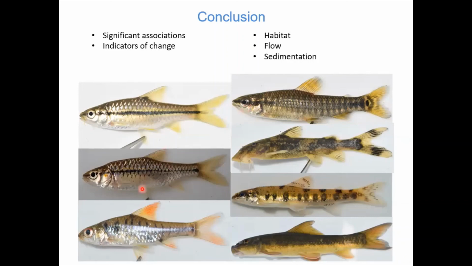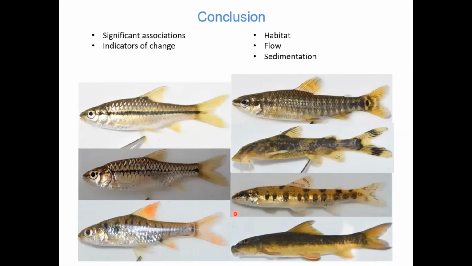Other species such as Enteromius kerstenii and Enteromius fasciolatus that showed significant associations with marginal Phragmites may be important in determining the impact of habitat loss through bush clearing or other changes that may occur in the marginal vegetation.